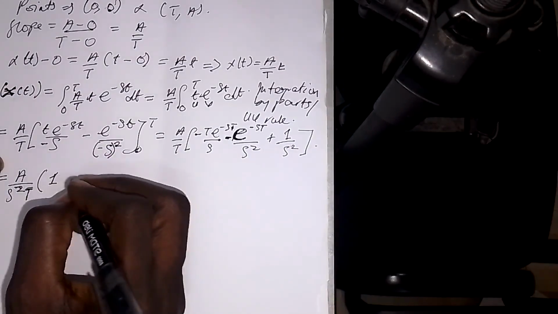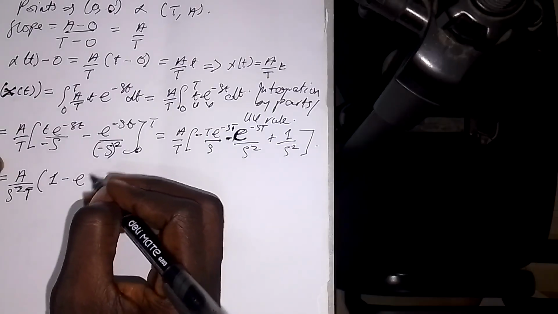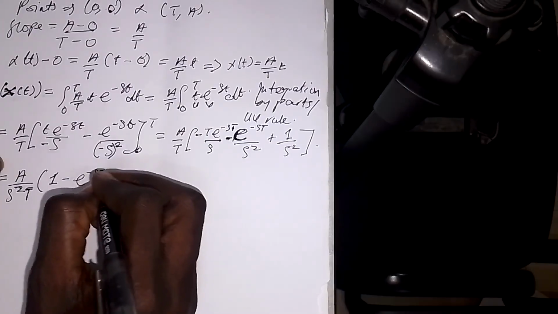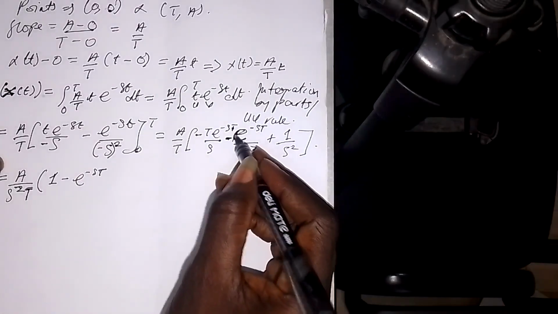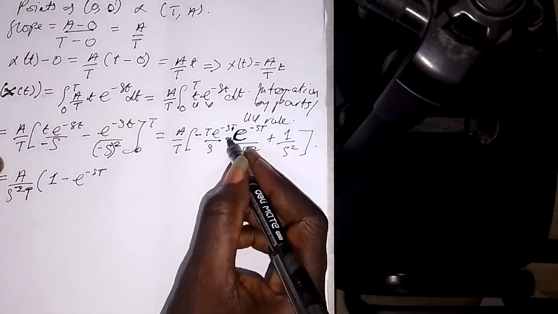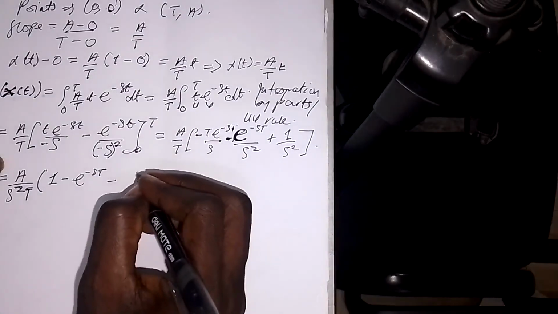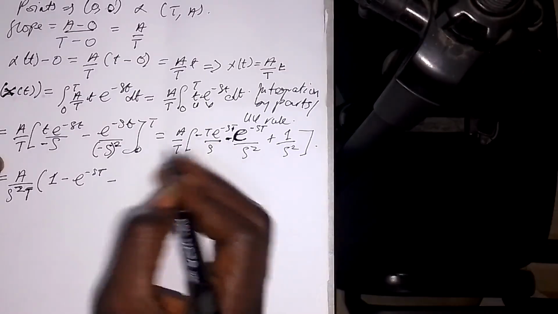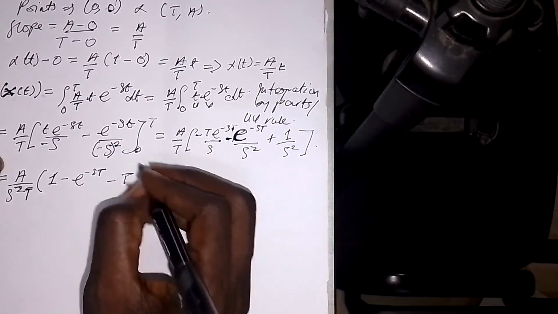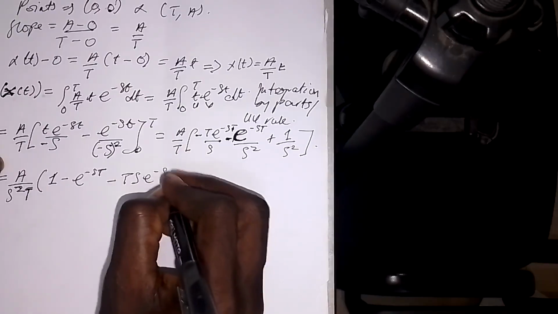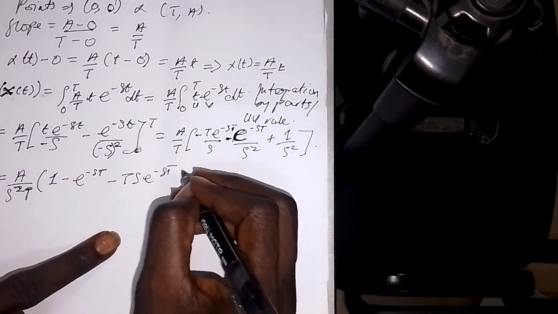Then I'm going to have minus e to the minus st, from this one. Because s squared has come out and it's negative, this times this will be negative. Minus t is here, so t. Now because it's not s squared, it's s, that means s must be here, e to the minus st.